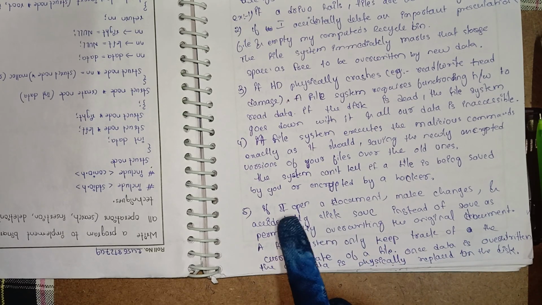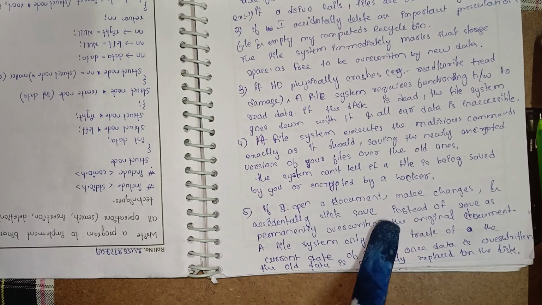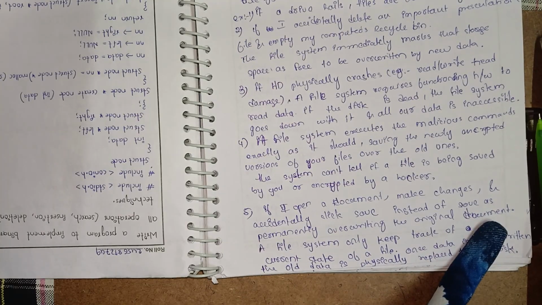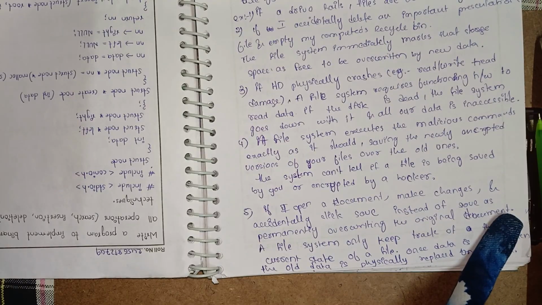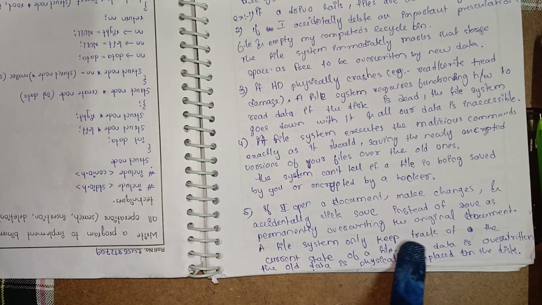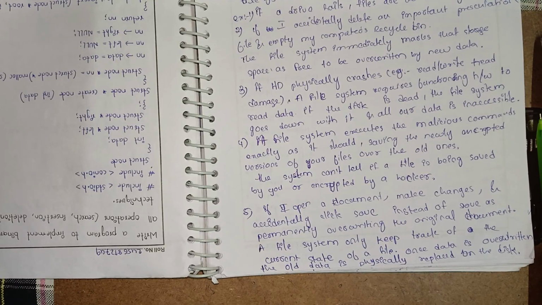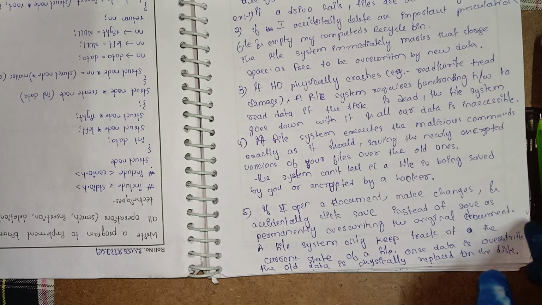So if I accidentally click save instead of save as, it permanently overwrites the original document, which is file 1. A file system only keeps track of the current state of a file. Once data is overwritten, the old data is physically replaced on the disk.